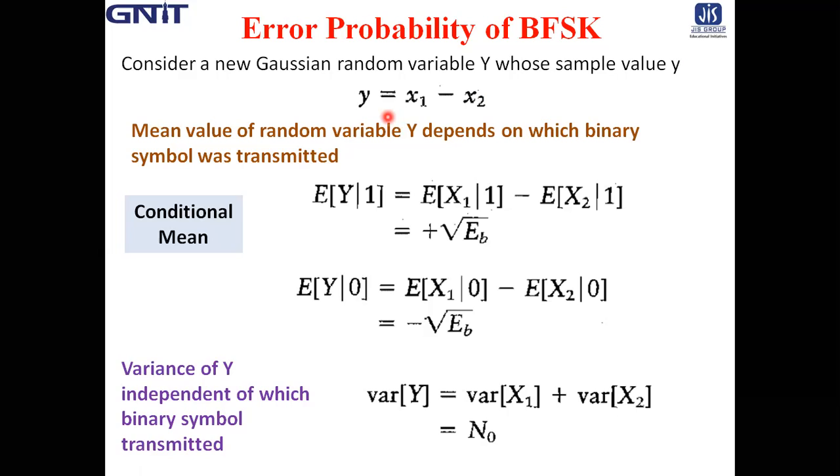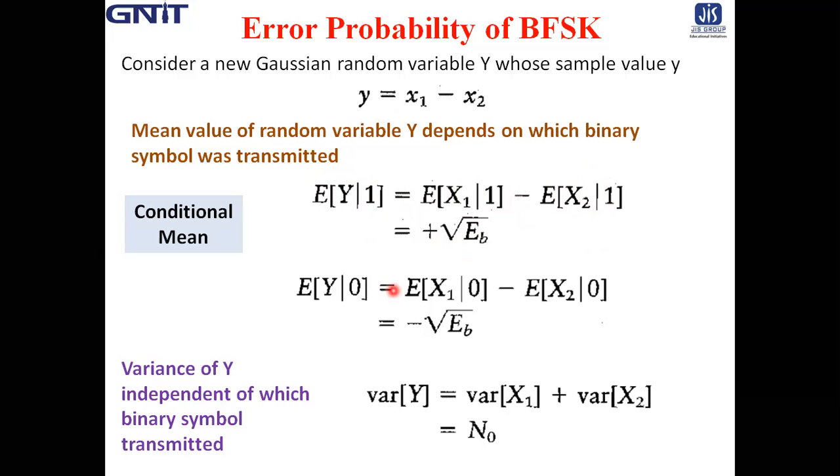Correspondingly, the conditional mean of the random variable y, given that symbol 1 was transmitted, which is expectation of y conditional 1, equal to expectation of x1 conditional 1 minus expectation of x2 conditional 1. Now this part is 0 and this part is plus root over EB.